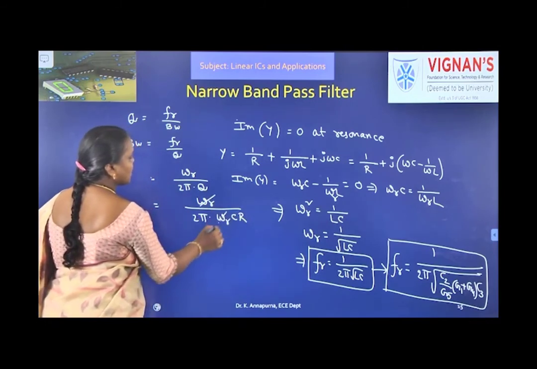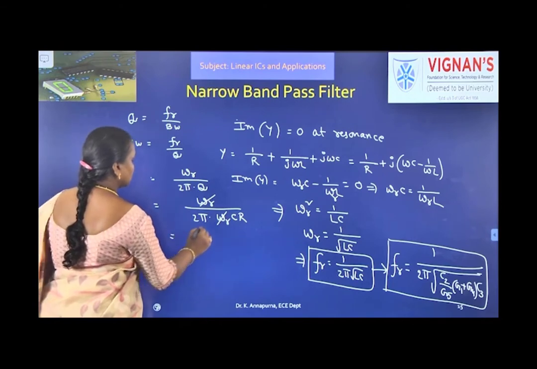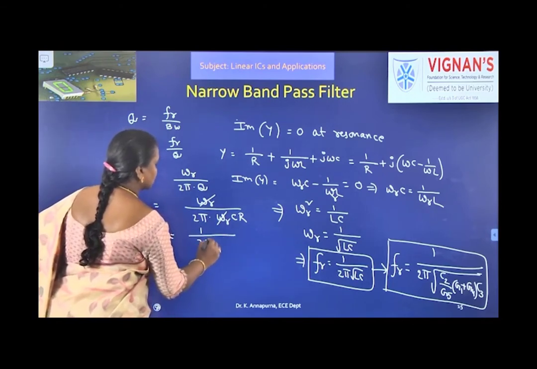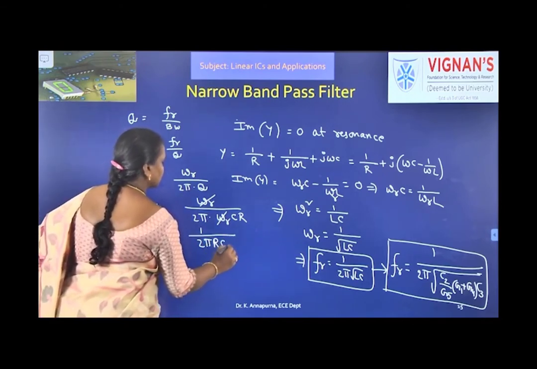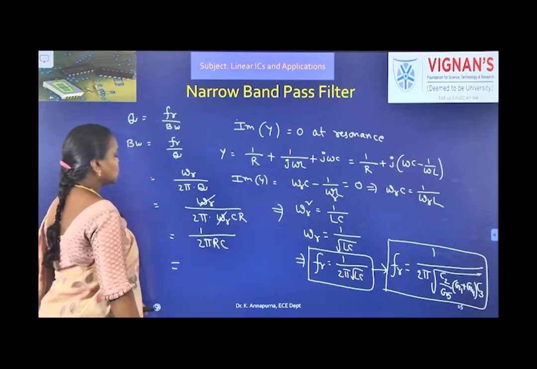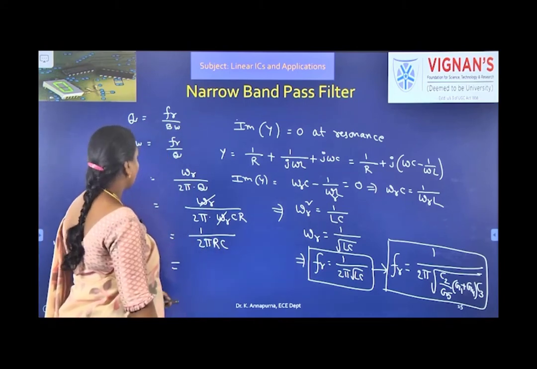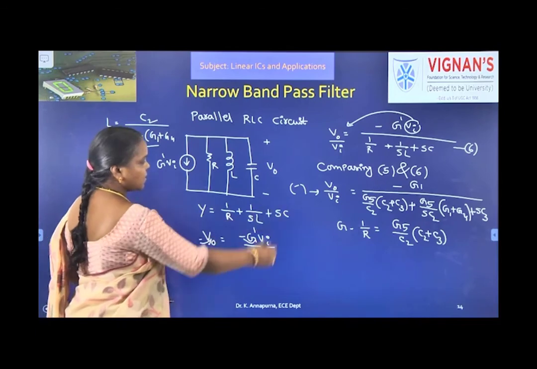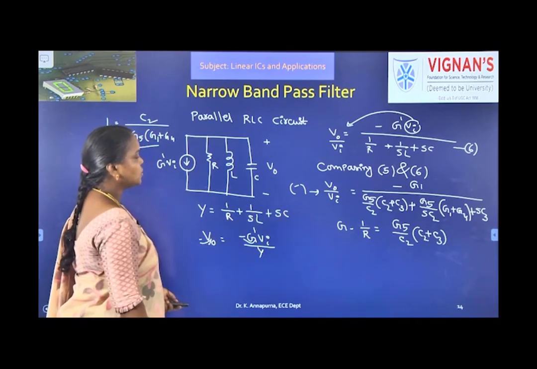This omega R gets cancelled. So it is 1 by 2 pi RC. So what is 1 by R value? Just now we have derived G5 by C2 into C2 plus C3.